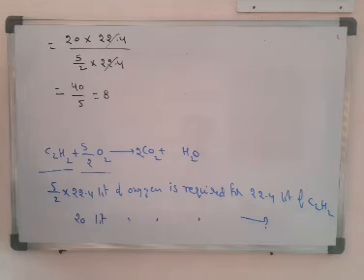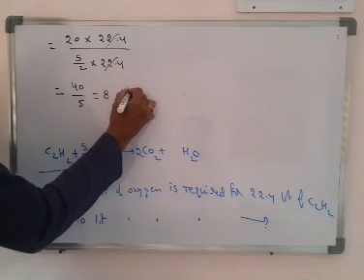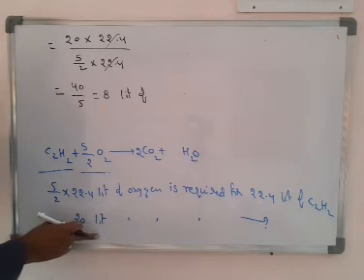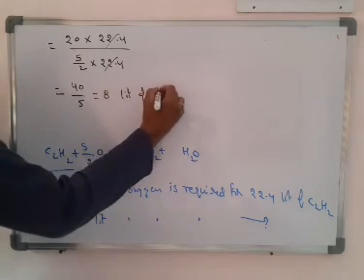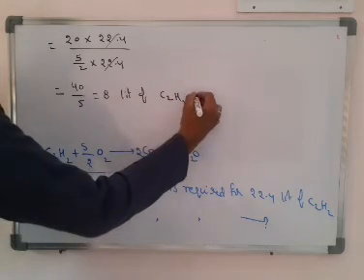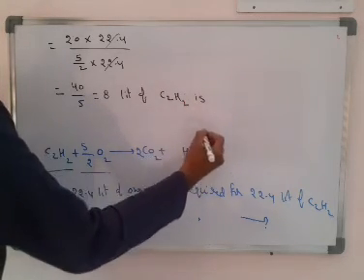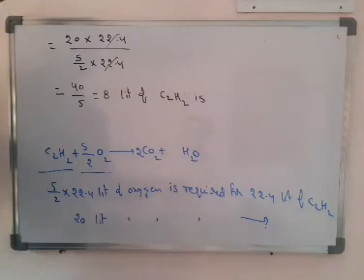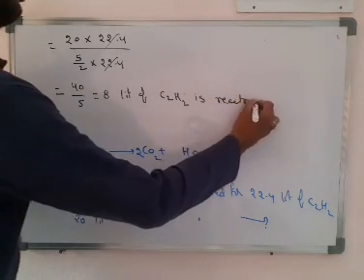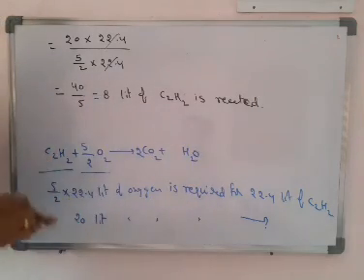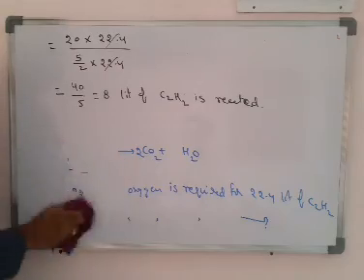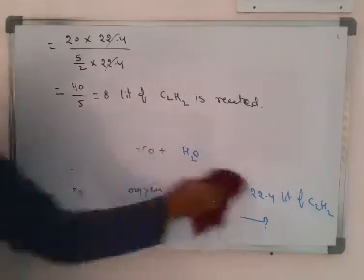That gives us 8 liters. So 20 liters of oxygen needs only 8 liters of acetylene to react, meaning the mixture contains 8 liters of acetylene.